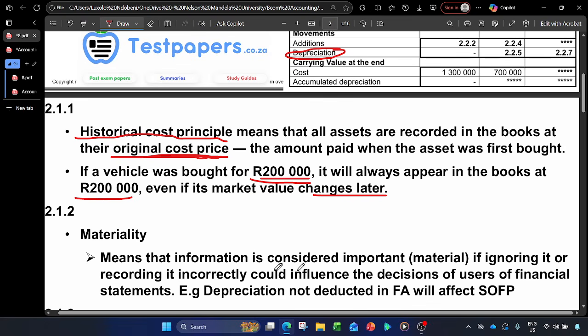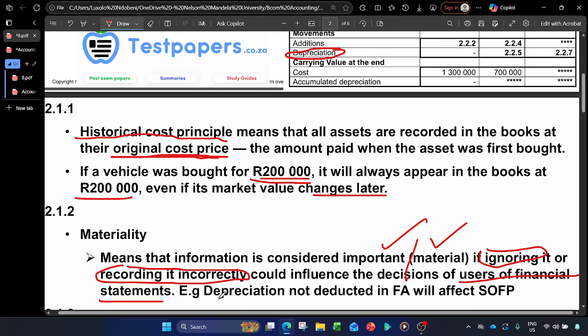Materiality means that information is considered important, or material, if ignoring it or recording it incorrectly could influence the decision of the users of information, the users of financial statements.